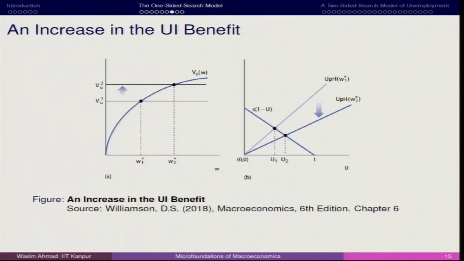A similar analogy can be applied in most countries wherever you have unemployment insurance benefit, but it does not mean that we should not have such policies, because such policies are important.